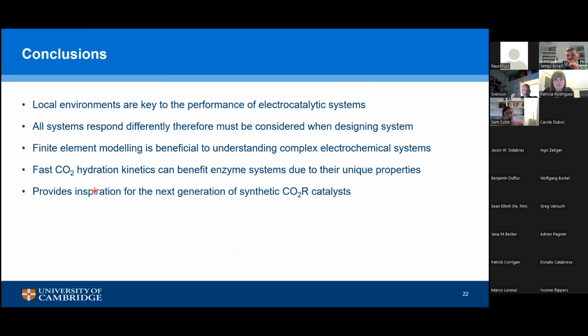And while fast CO2 hydration kinetics are beneficial for our enzymatic systems, maybe we can think of our dream next generation synthetic catalysts that we've got people working on and developing, and these might follow these same properties as we get there. It's not the case for heterogeneous systems right now, and maybe this is something we need to start to consider as we move to the next generation of catalysts.